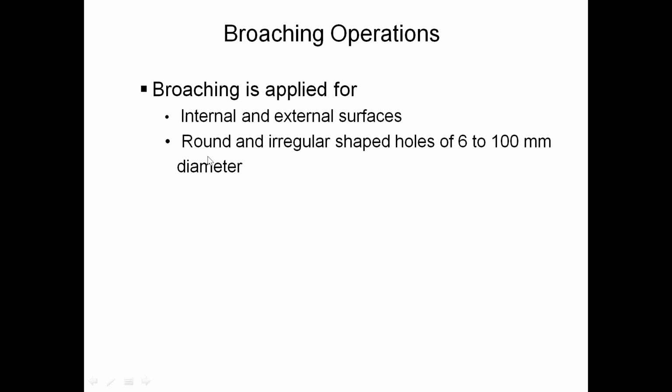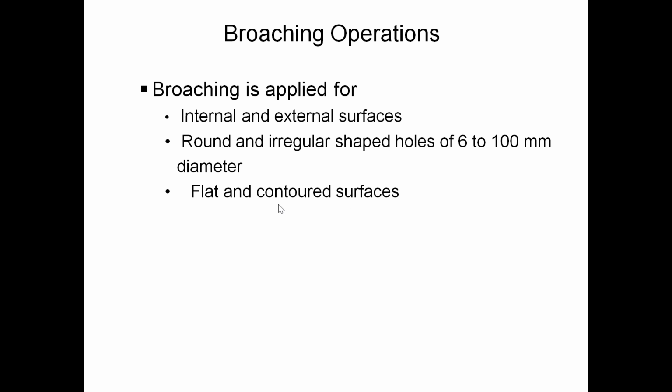Okay, so those workpieces are either round or irregular shapes. Irregular shape holes or round shape holes, that range from 6 to 100 mm diameter. Next, this broaching tool is also applied for flat and contour surfaces.